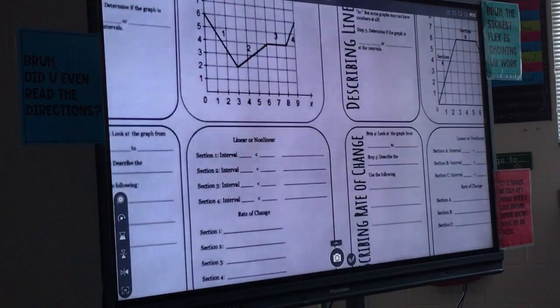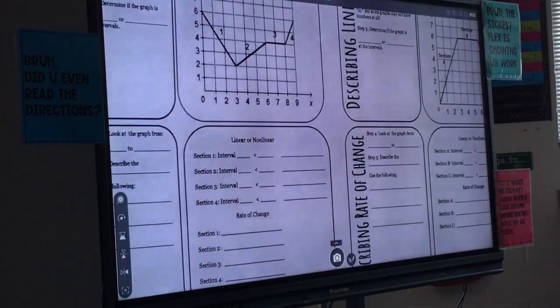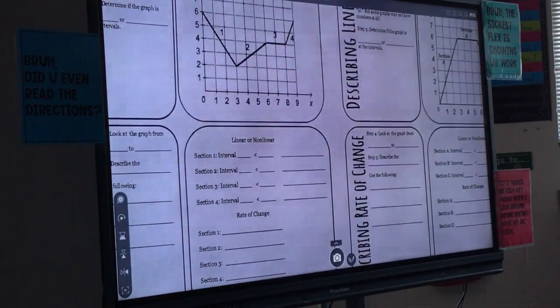I'm gonna come around with a staple so you guys can staple your papers together. Go ahead and staple your papers for the first one we did on top, please.